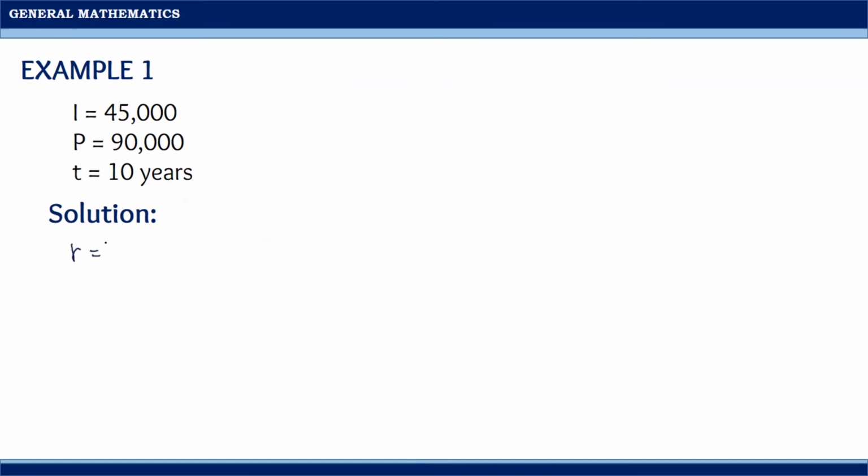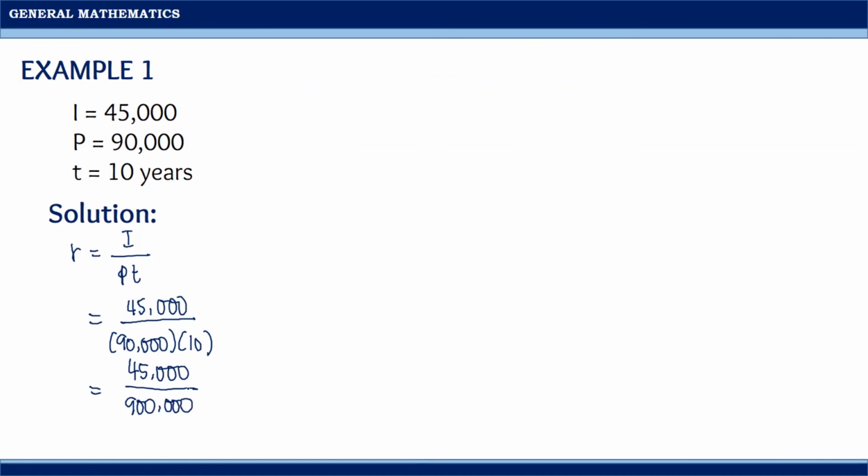r is equal to I divided by p times t. Substituting our values to the formula, then we will have 45,000 divided by 90,000 times 10. Simplifying the denominator, 90,000 times 10, it will give us 900,000.